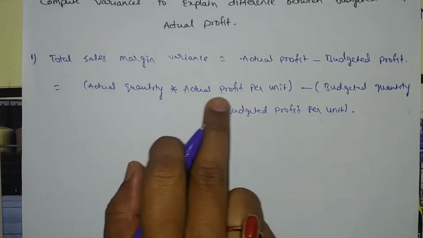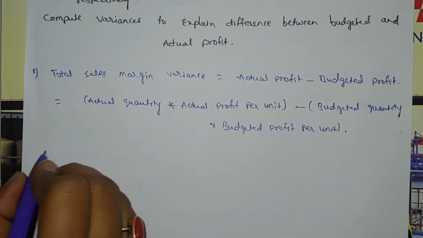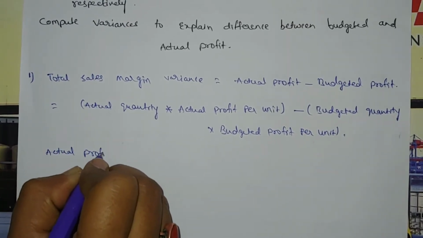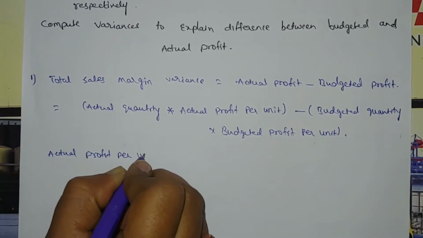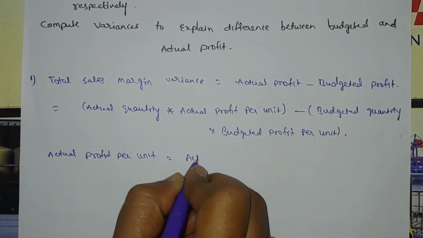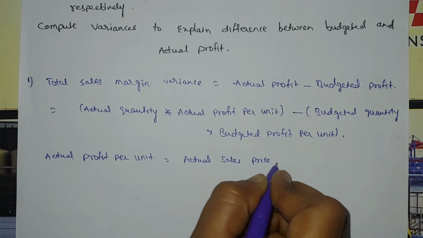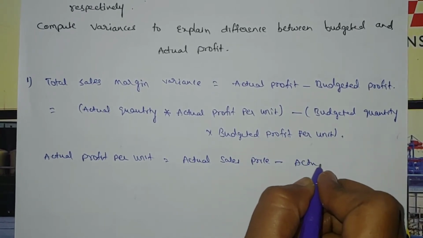In this we have to calculate first the actual profit per unit. Actual profit per unit is equal to actual sales price minus actual cost.